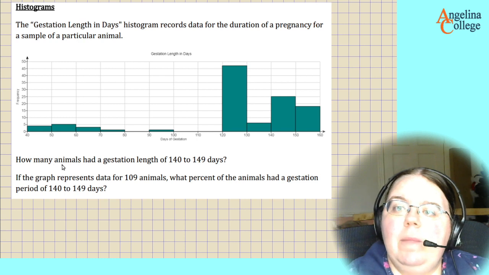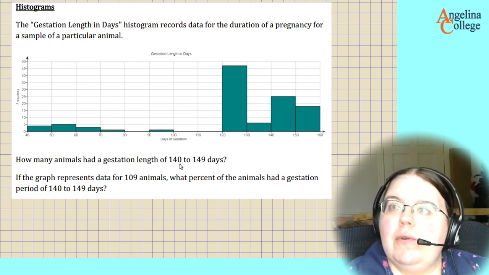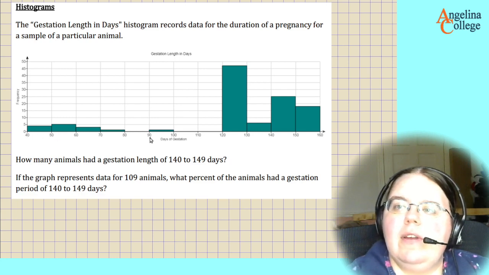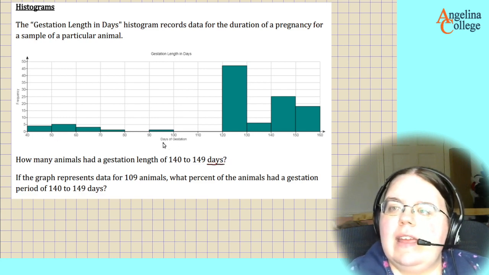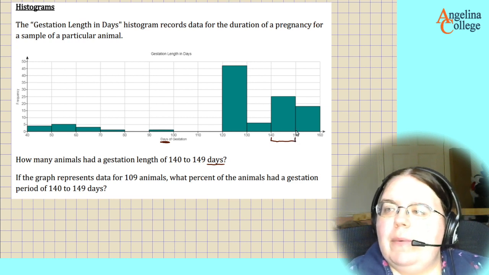So we've got two questions that we're trying to answer based on this histogram. The first is, how many animals had a gestation length of 140 to 149 days? So to answer that, we'll look for starting at 140, so coming across here, because we're talking about days, so that will be within this part of it here. So coming across here, starting at 140 and going up to 149, well, that will be just before 150.